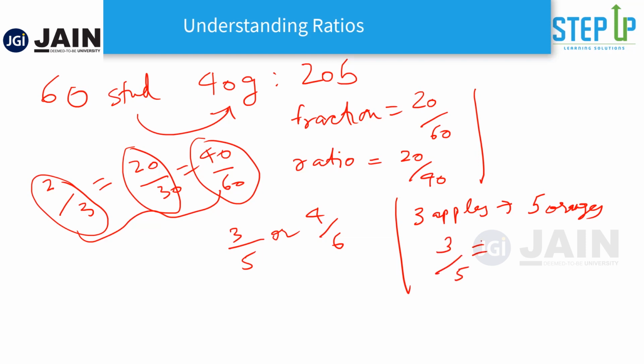Can you calculate the actual number of oranges? I would say no. What this actually means is they are in the same ratio, but they could be 3k and 5k, where k could be 1, 2, 200, or even 2 lakhs. So you cannot find the exact number of oranges or apples only on the basis of ratio.